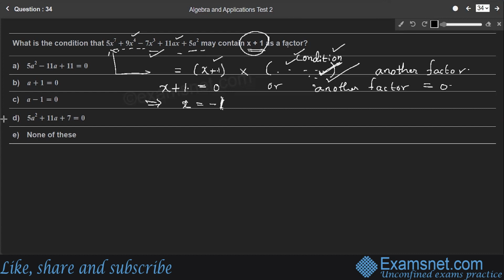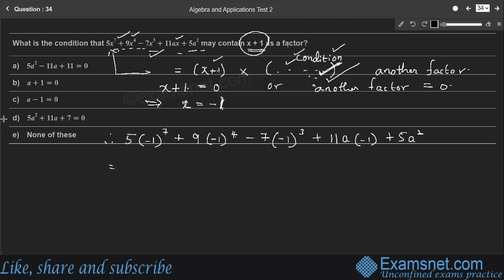Now, substitute the value of x in the given expression. Therefore, 5x^7 becomes 5 into (-1)^7, plus 9x^4, minus 7x^3, so (-1)^3, plus 11a into x, plus 5a^2.